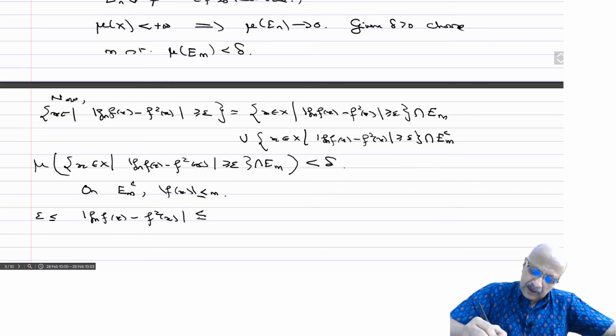Now that is less than or equal to |f| times |f_n(x) − f(x)|, which is less than or equal to M times |f_n(x) − f(x)|.